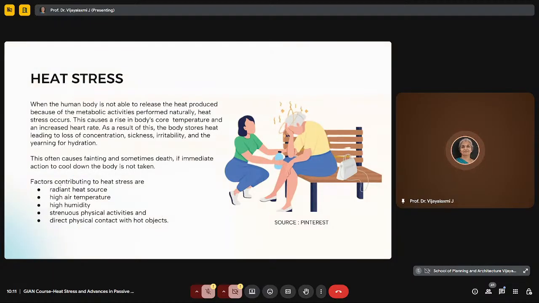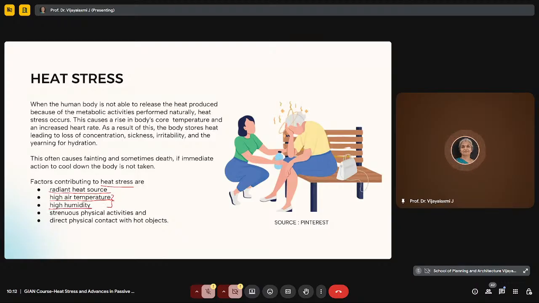Now, what are the factors that contribute to heat stress? This is important. One is a radiant heat source: standing under the sun, standing next to a furnace, or next to a cooking stove on a warm day, causing high temperature. Then exposing ourselves to high air temperature and high humidity.